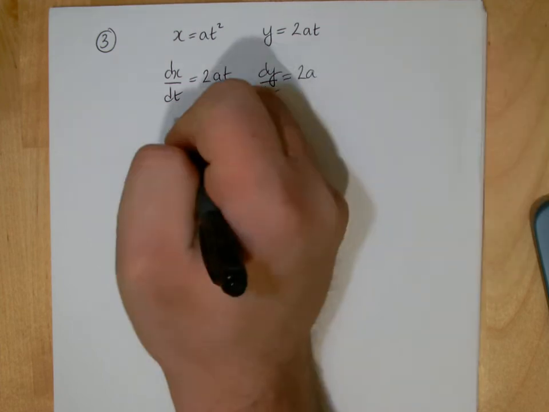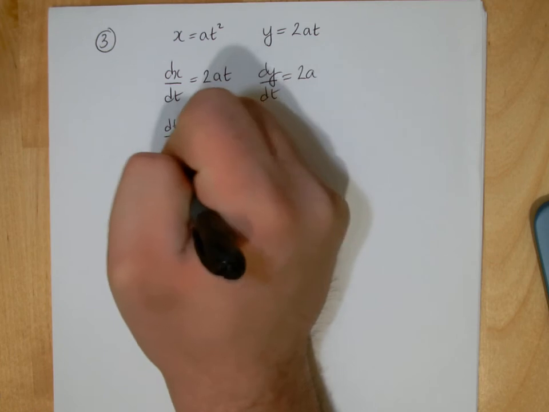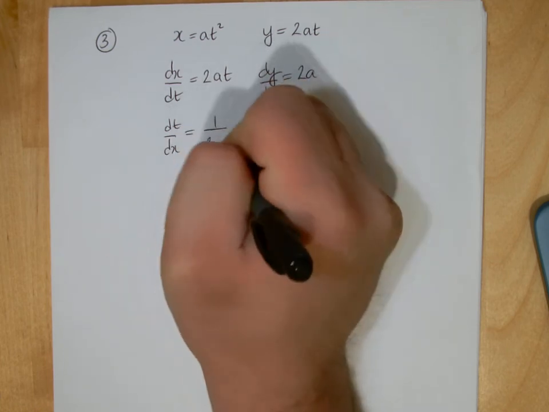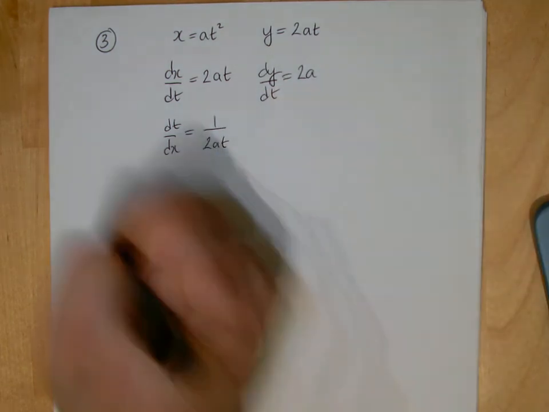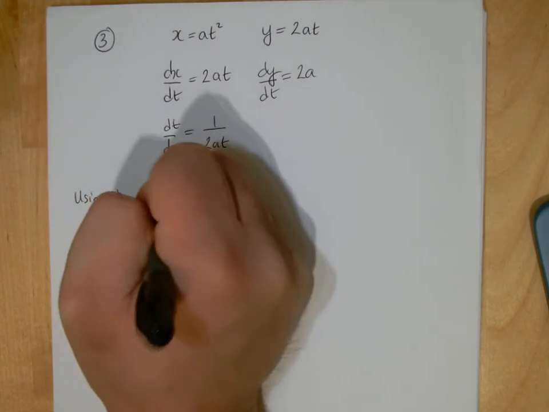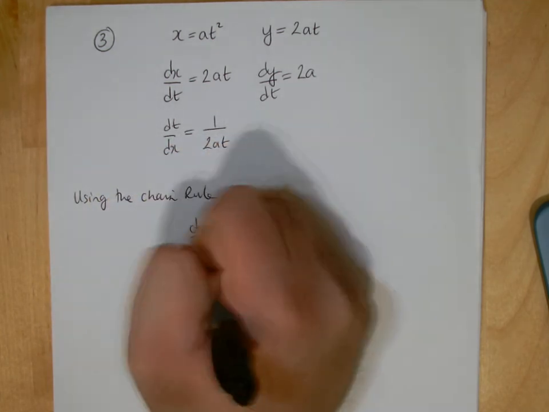Remember, it's useful to flip this to write dt by dx. So flip that, it'll become 1 over 2at. And then using the chain rule, we have dy by dx.